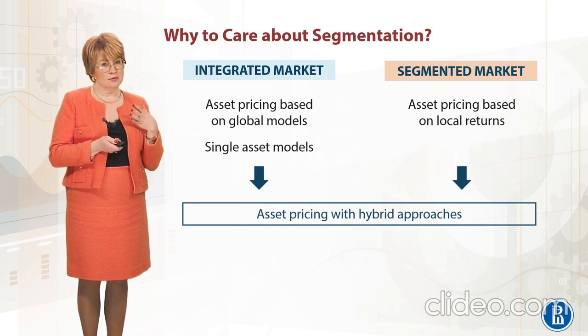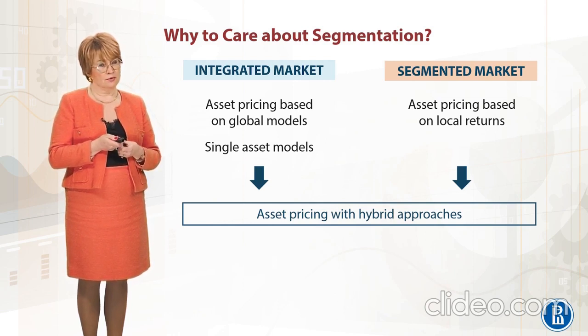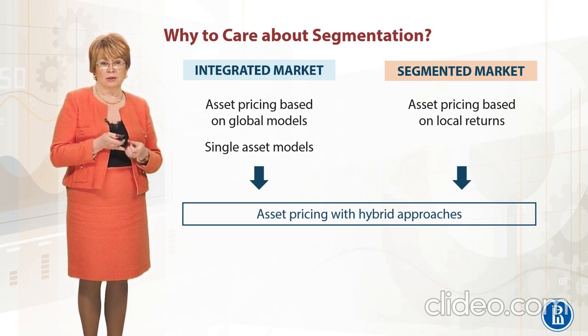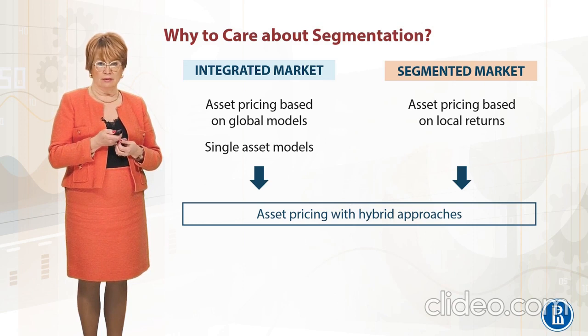If the market is segmented, then the asset pricing model should be based on local returns, and it could become a limitation for the application of the capital asset pricing model. If it is integrated, the asset pricing could be based on global models and global data as well.